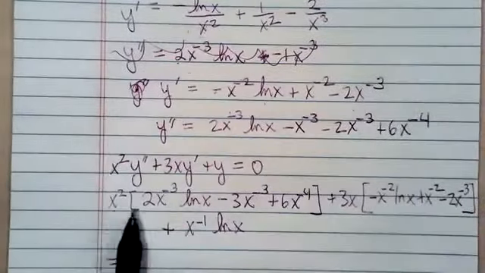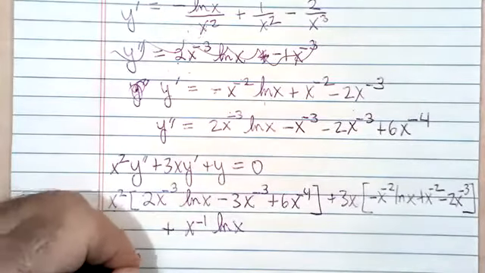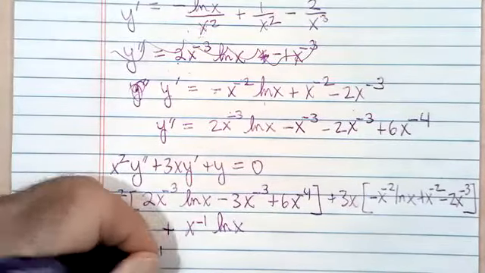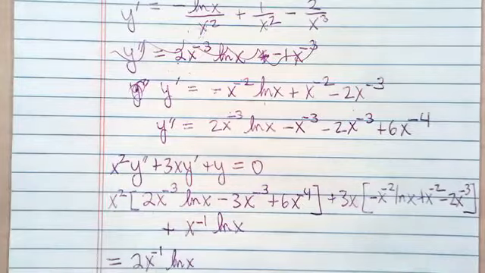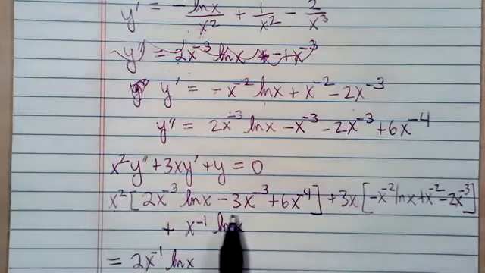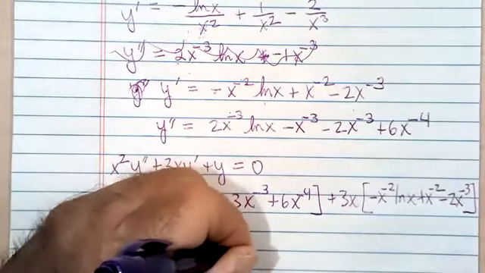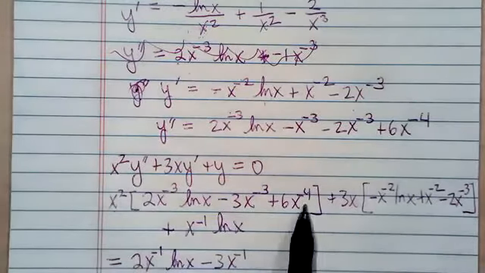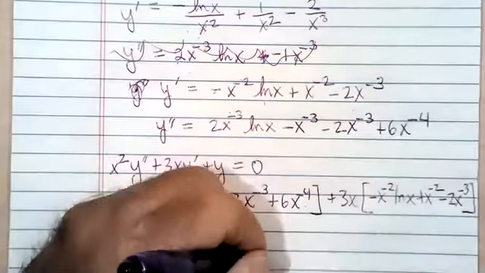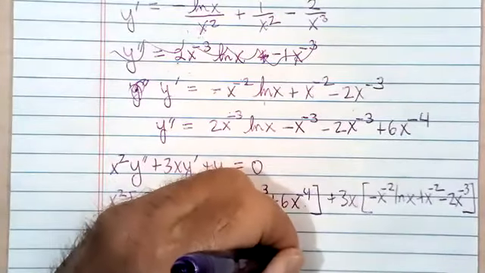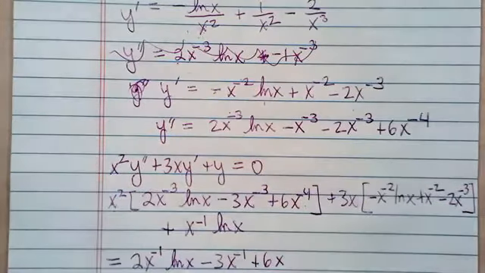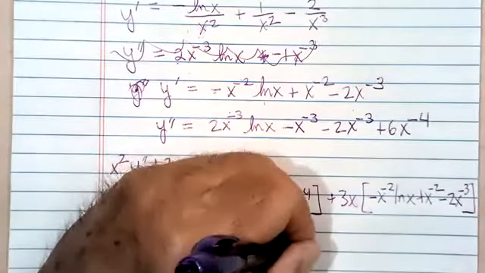Okay, this times this, 2x to the minus 1 log x. This times this, minus 3x to the minus 1. And this times this, plus 6x to the minus 2.